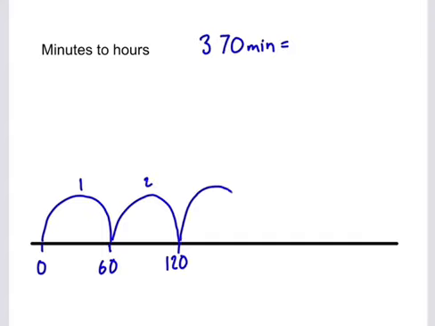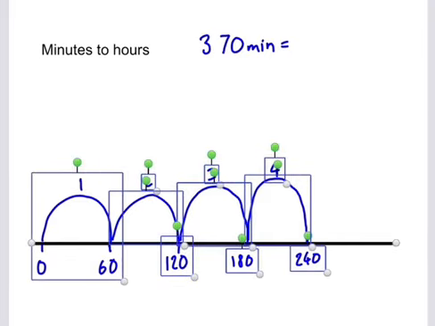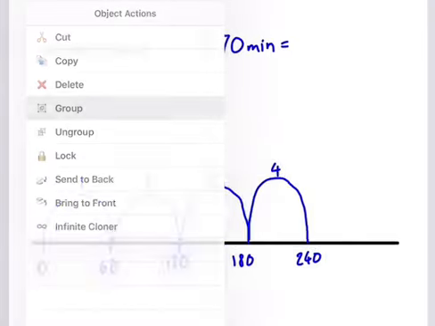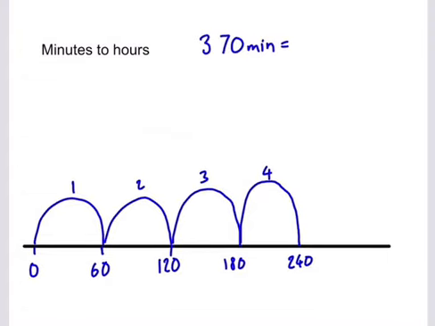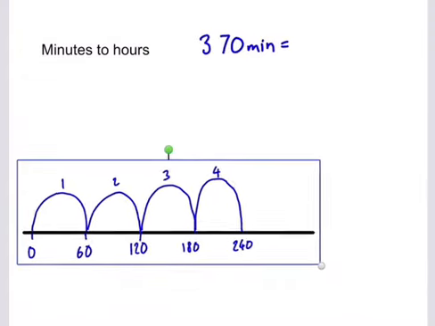And we're going to jump to 180, because that's 3 hours. And we're going to jump to 240. You know, that's 4 hours. Oh no, I'm running out of room here. Let's just group that. Shrink it a little bit.